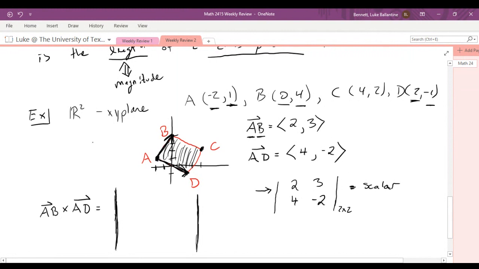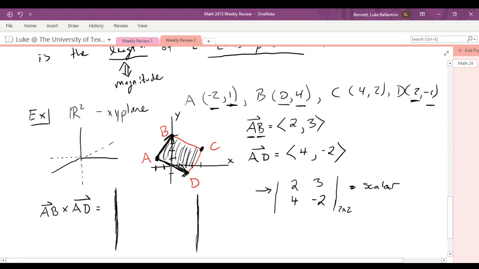Now let's think about this. This is xy. We filled the z with zeros because if we look at it in R3, then the z component would have to be 0 since we're lying on the xy plane.